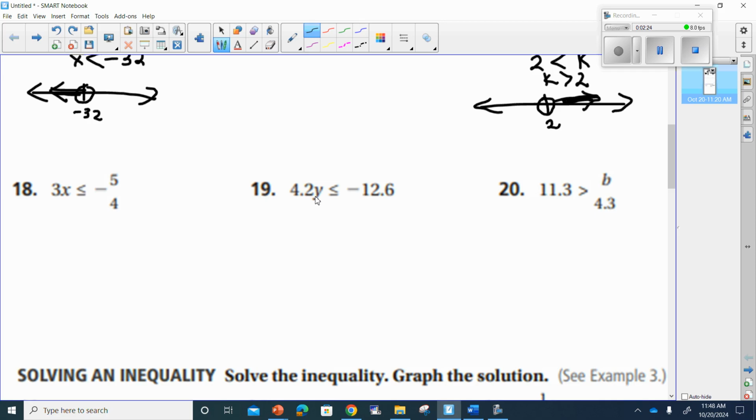Number 19 says I'm multiplying by 4.2. The opposite of multiplying by 4.2 is dividing by 4.2. Whatever I do to one side, I do to the other. I didn't divide by a negative number, so my arrow will stay the same. Negative divided by a positive is a negative, and 12.6 divided by 4.2 will give me negative 3.